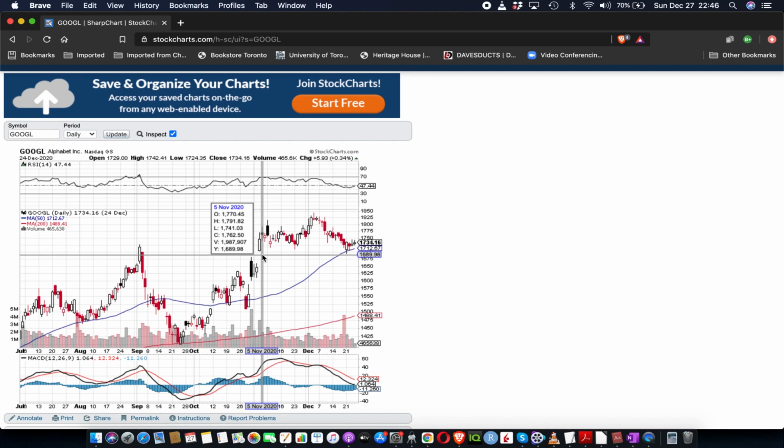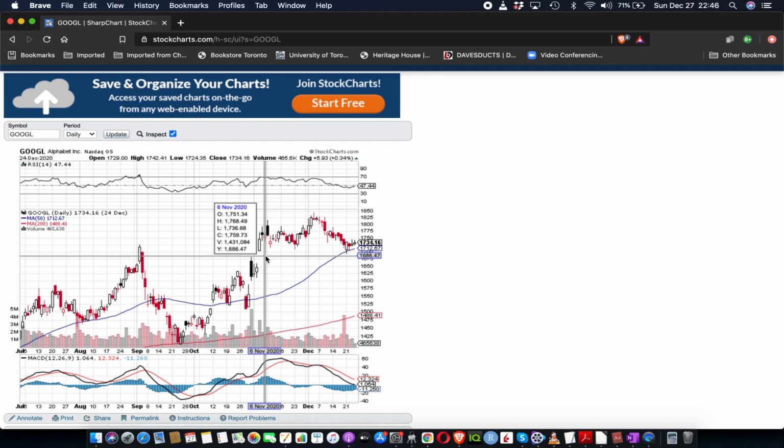Google's close was $17.62, lower than the open, which was about $17.70. But why is this shown in black? It is shown in black to show that Google closed higher than the previous day. That is why this is shown in black.